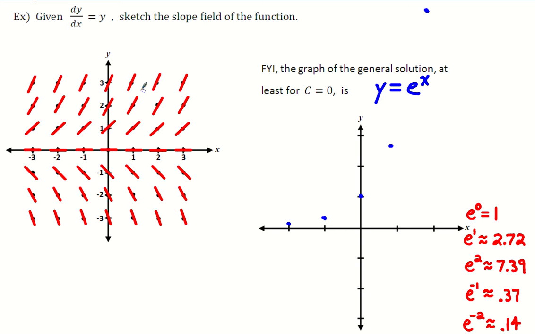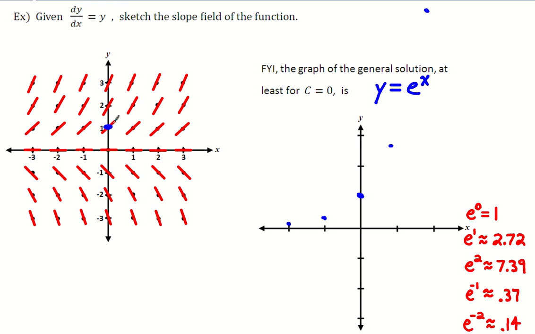So as you can see, look at this slope field. Basically, we know that our graph right here, where c equals 0, is passing through the point 0, 1. So we know that the c equals 0 solution is going to pass through this slope field and kind of go like this, right?